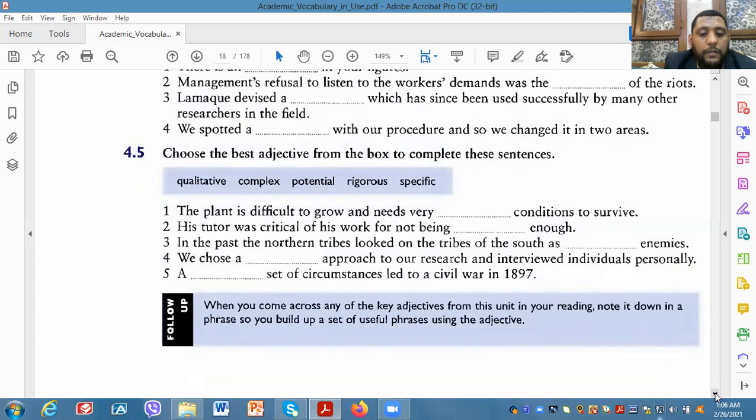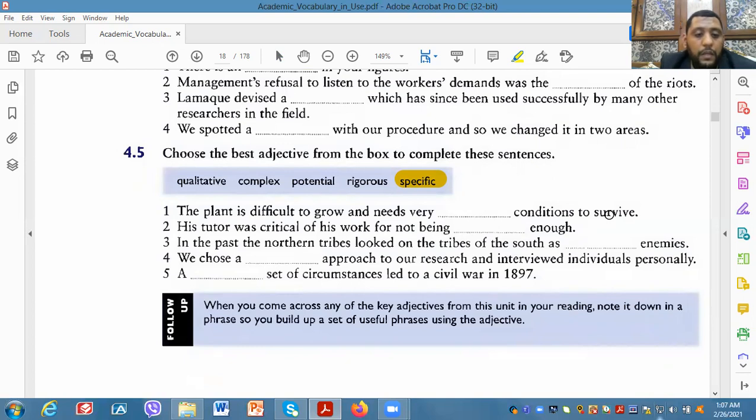The plant is difficult to grow and needs very specific conditions to survive. So the sentence becomes: the plant is difficult to grow and needs very specific conditions to survive.